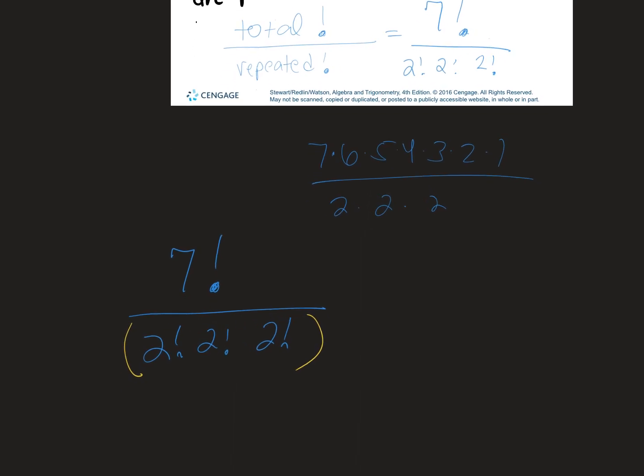You tell the calculator that 7 factorial is divided by whatever's on the bottom, because your calculator is only as smart as who? I told you guys before. As you, as the user. Good. All right, so one more.